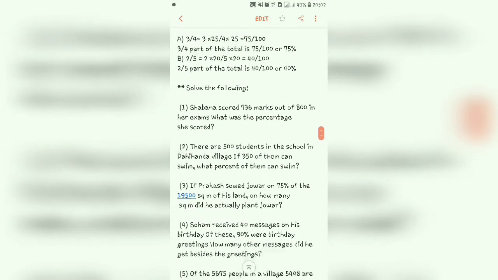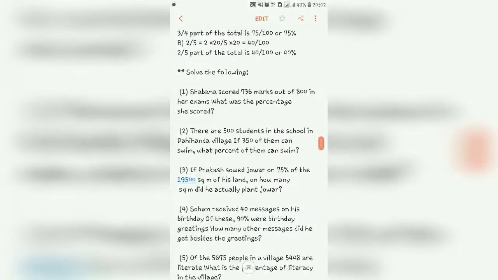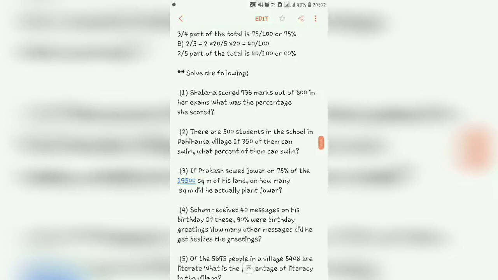Solve the following. The first question says Shabana scored 736 marks out of 800 in her exams. What was the percentage she scored? So the formula to calculate percentage is as follows.